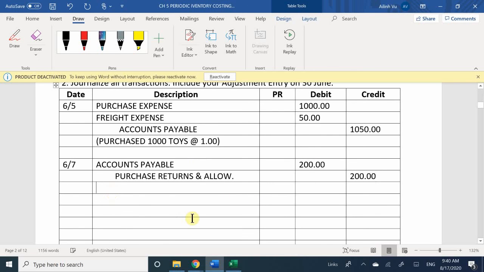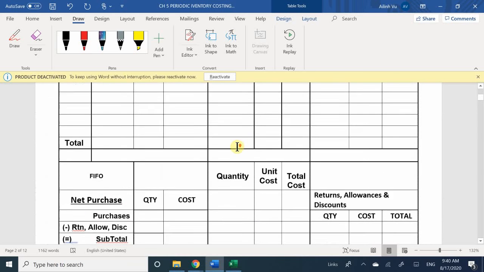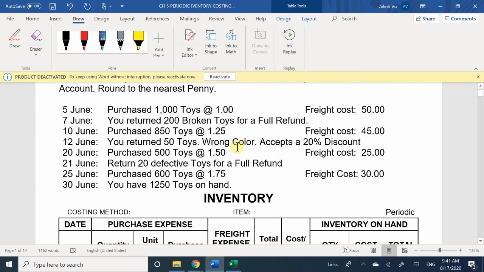And here, I'm going to put a little small description saying return 200 toys at $1 each. Now what happened next? What happened after we made that return on June 10th?